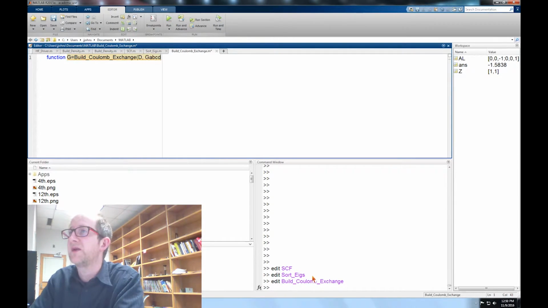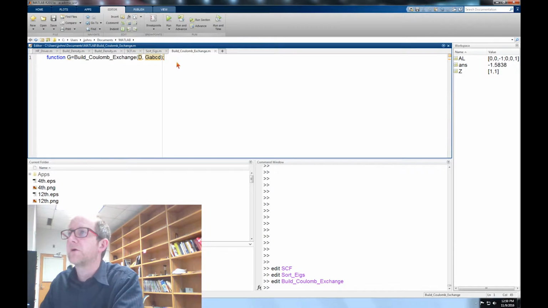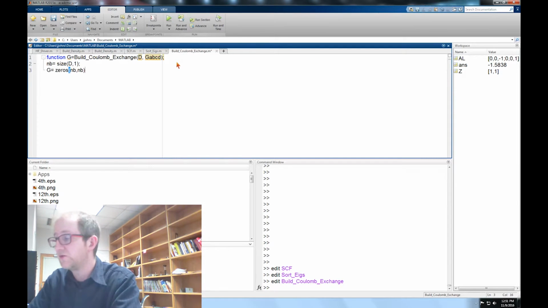We need a density matrix and our four-center integrals. Make sure that we just put that in the right order. Yep. Okay, great. Again, we need to get the size. NB equals size D1. G equals zeros, NB, NB.